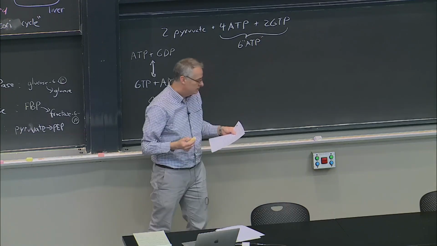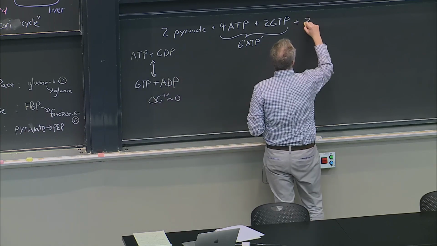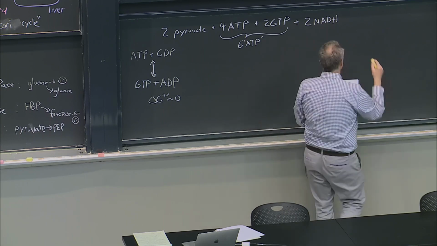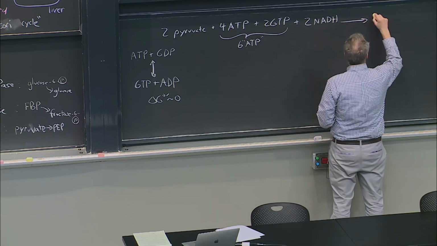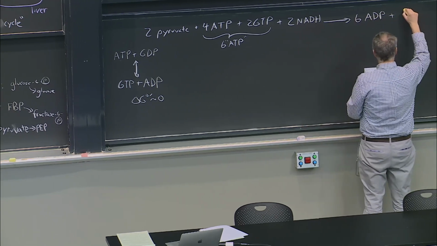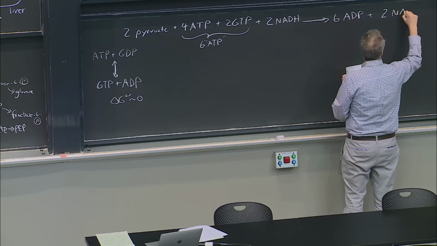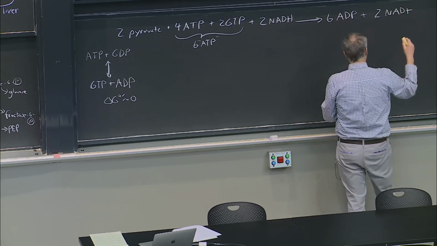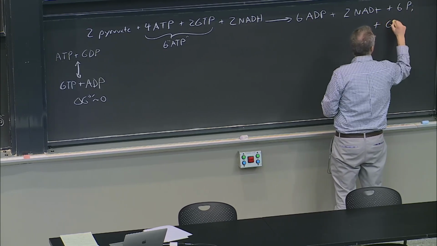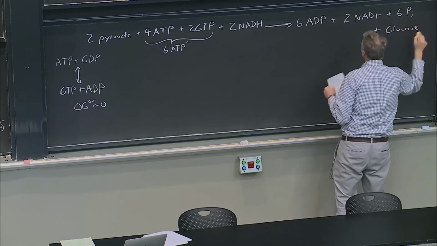So we'll just call it 6 ATP plus 2 NADH to reverse the GAPDH step. That gives us 6 ADP plus 2 NAD+ plus 6 inorganic phosphate plus a glucose.